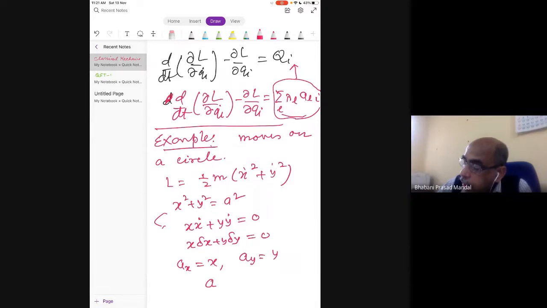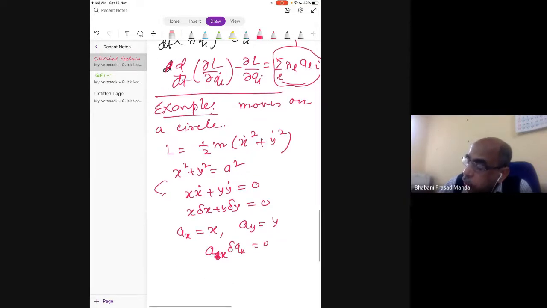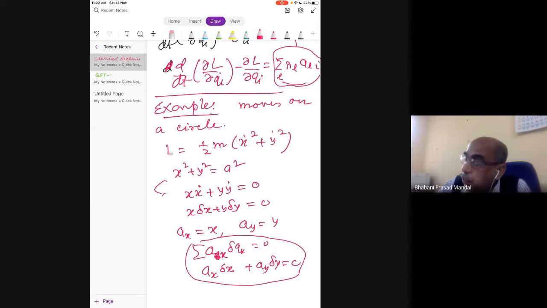Here l is 1, so I am removing only one constraint. So the sum over k of a_lk delta q_k equals 0, with k equal to x, y, so a_x delta x plus a_y delta y equals 0 is coming from this condition. Only one constraint, so I didn't write any l. If you have more than one, you have to write it.